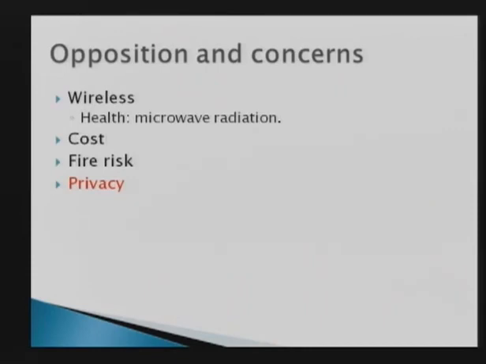People think that installing the smart meter is expensive, and also running the smart grid, the network of the smart meters, may also be expensive. So the result is people think that installing smart meters will cost more. And there are some other potential risks, fire risks, which I will not expand on. What I will be focusing on in this talk is the privacy.